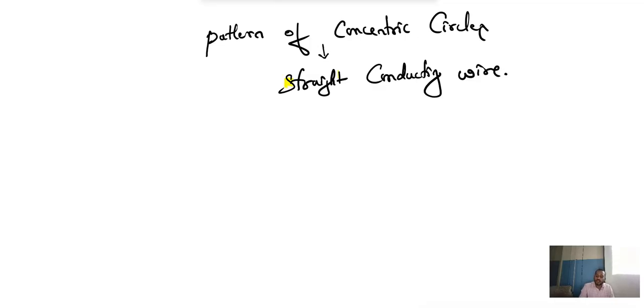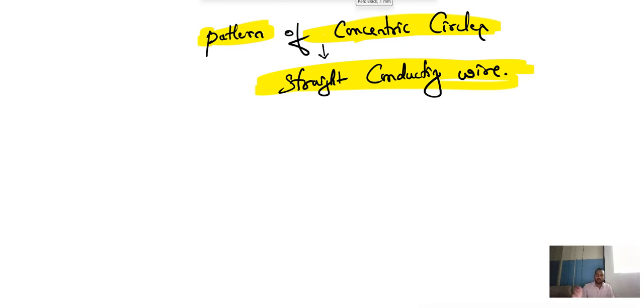This word is very highly important. Pattern of concentric circles indicating the field lines in a magnetic field where? Around a straight conducting wire.